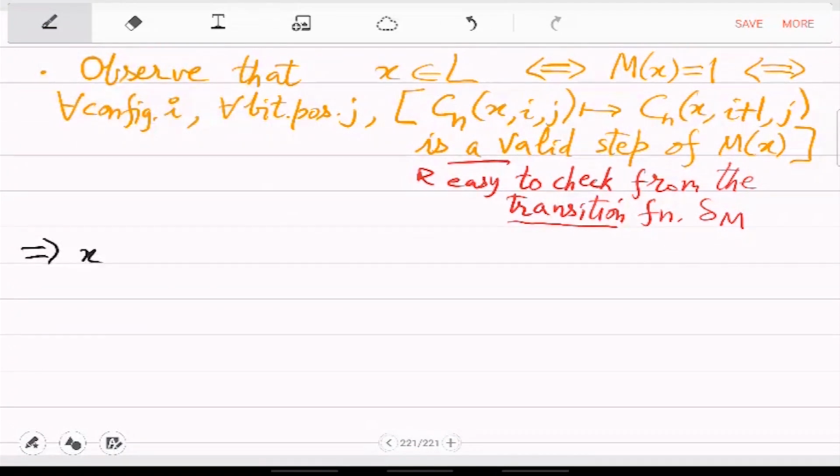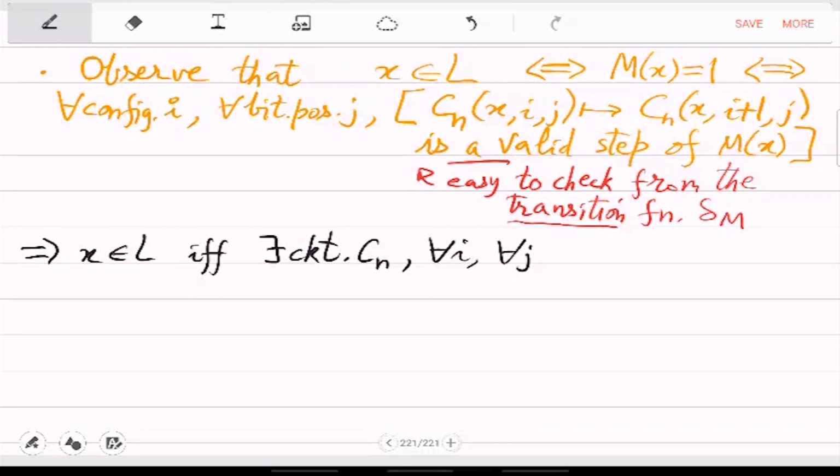So this means that x is in L if and only if there exists a circuit Cn that says that for all i, for all j, this check passes through. Okay, that's all.